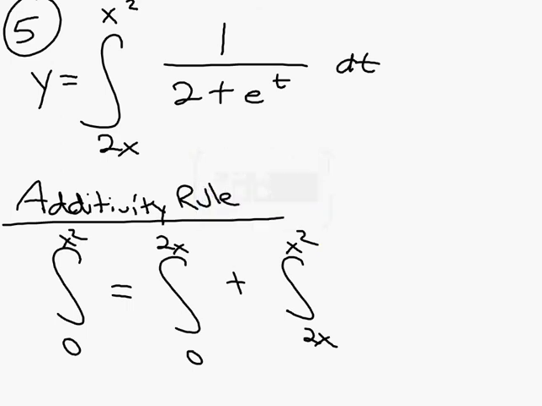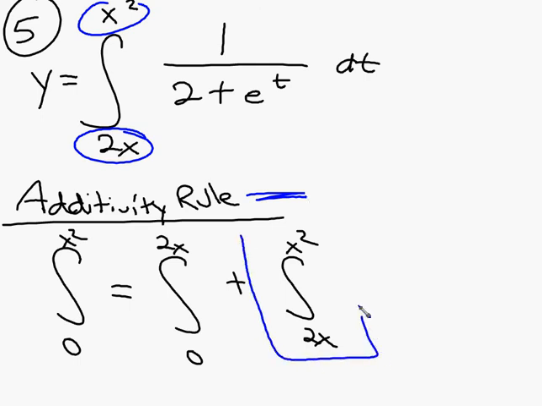So if we look at my original problem, the original problem was dealing with an integral from 2x to x squared. If I look at this additivity rule statement that I made down here, I see that I've got an integral right here from 2x to x squared. So what I want to do is solve for that to get a new expression.